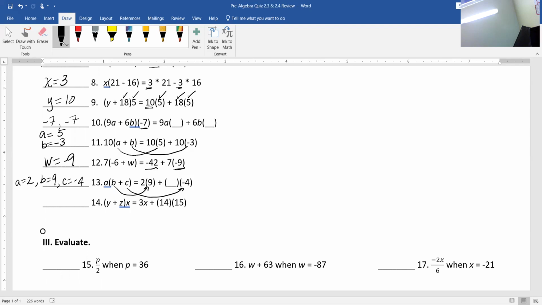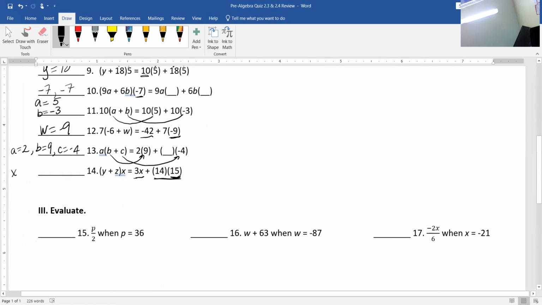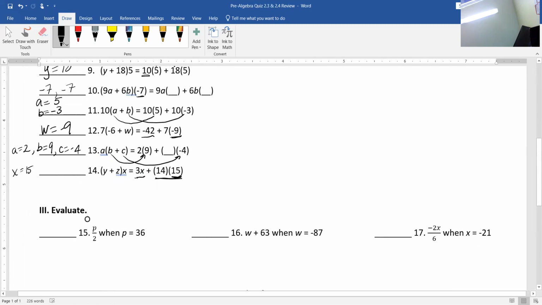Well, we know that because x is being distributed, so this is x times y, and this is x times z, that for x, we know that x equals 15, because that would be the second value there. So x equals 15. That first part of the problem here, this 3x tells us that y equals 3. And so by process of elimination, z equals 14.